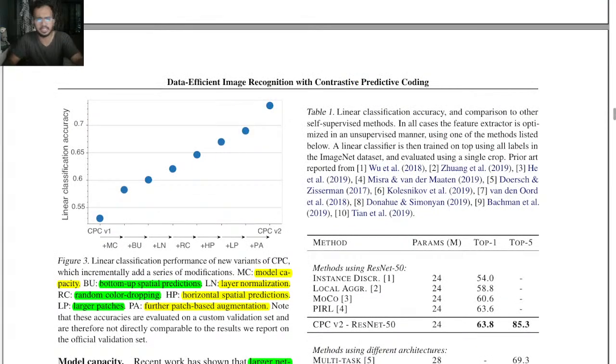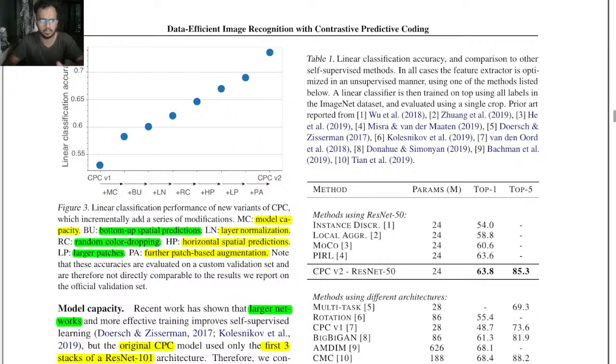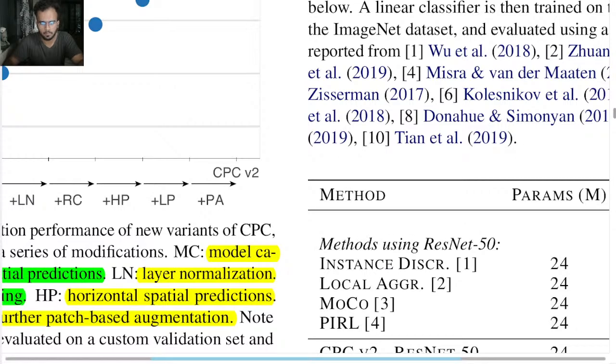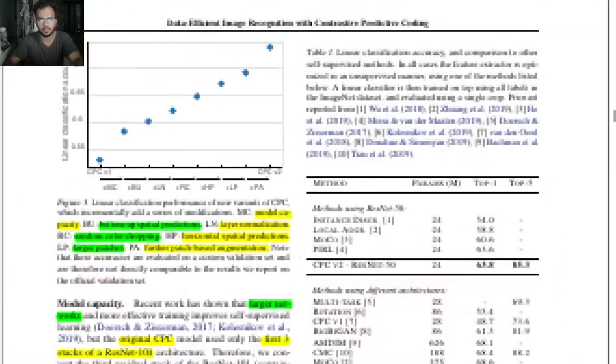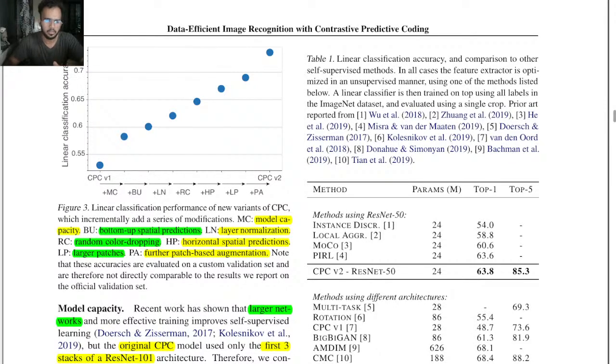What exactly the authors changed from CPC V1 to CPC V2 is shown in the diagram. For CPC V1, the linear classification accuracy, where they freeze the model and then use those hidden representations to train another model, was just above 50%, and they took it to well over 70%, reaching 75% by these increments.